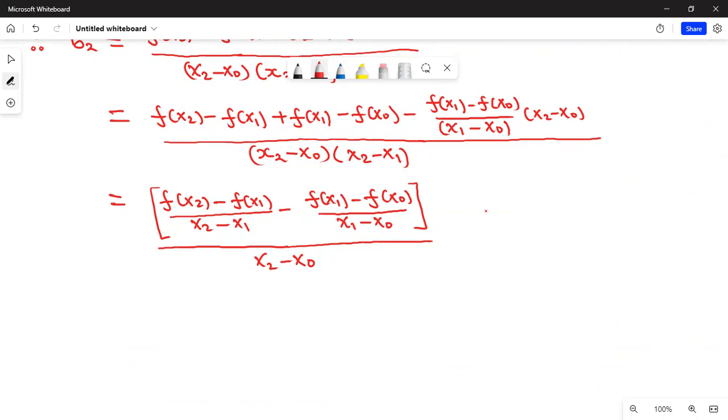Our interpretation for this one: the whole of this, the first term, is the same as f of x1, x2. The other term in the numerator will be written as f of x naught, x1. The denominator is just the same, so that is x2 minus x naught.